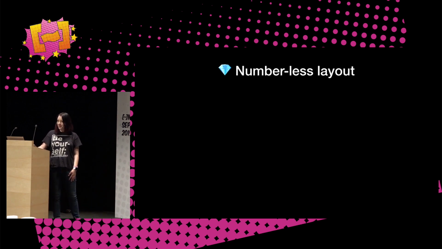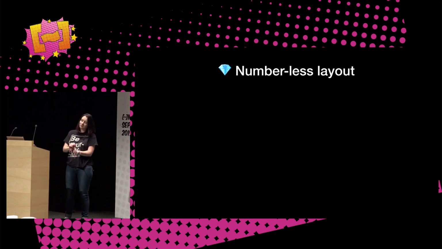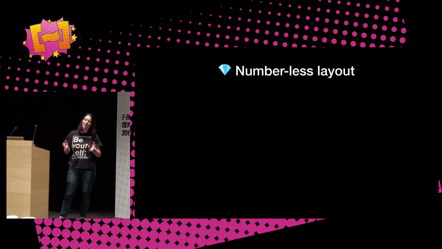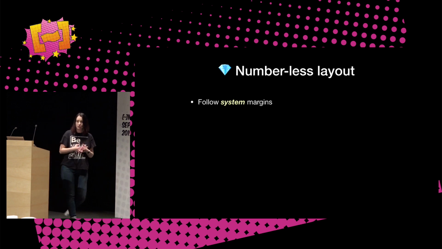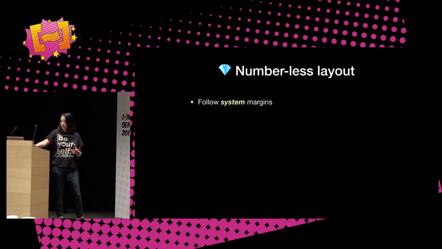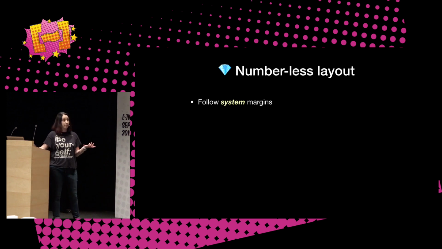All right. And last but not least, a small section here about the numberless layout. So if we really want to, which I really want to, I don't know about you, we can achieve a point where there won't be any numbers in our layout code at all. So if you follow system margins, like 16, 20, that you get automatically to be in line with the other system apps, you don't need a number for that.